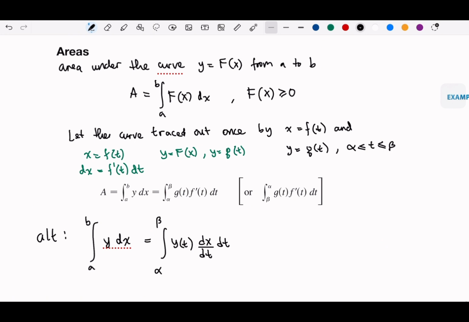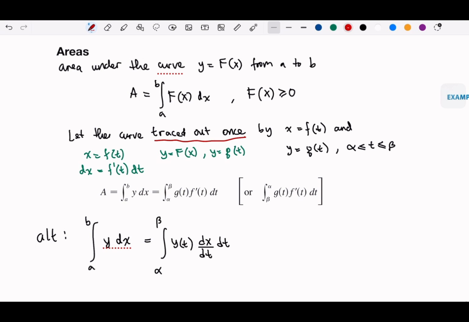And remember, for the area in parametric to work, we need the curve to be traced out once. Only once. It means there is no loop, for example.